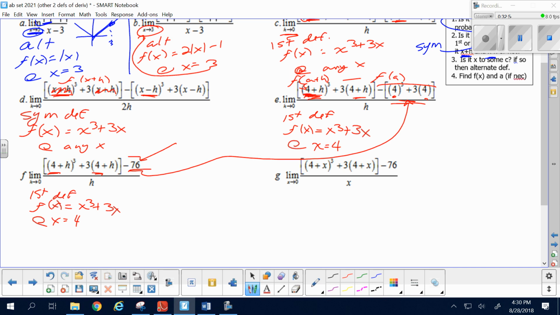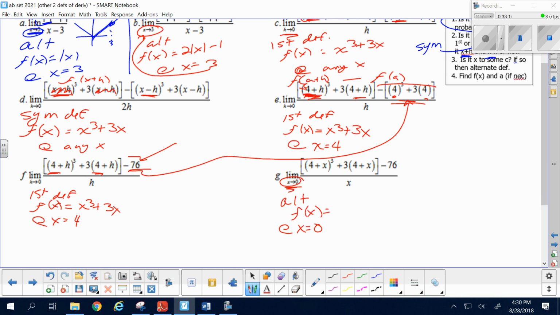This is the gotcha. Even for you honors students, this might have been tricky. Start with alternate or symmetric. This is x going to 0, not h going to 0. So this is the alternate definition. It seems like then it's at x equal 0. So I'm finding the derivative of this function at 0. Now the question is, what's the function?